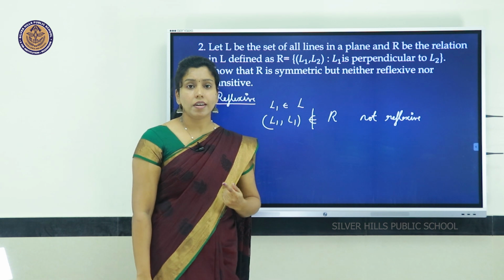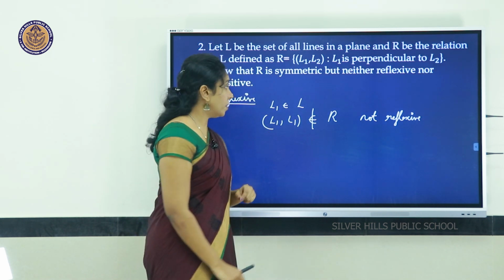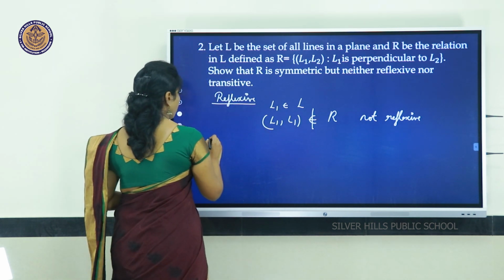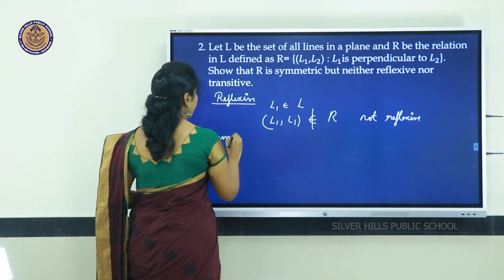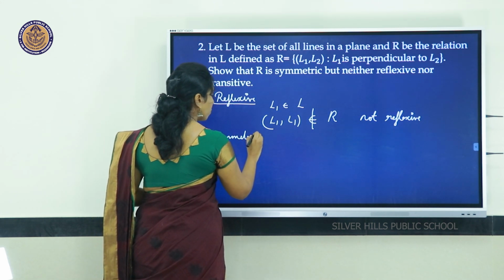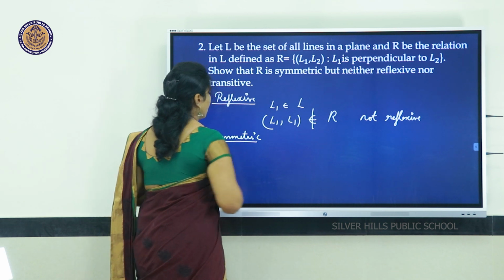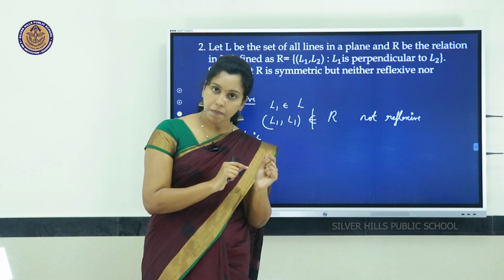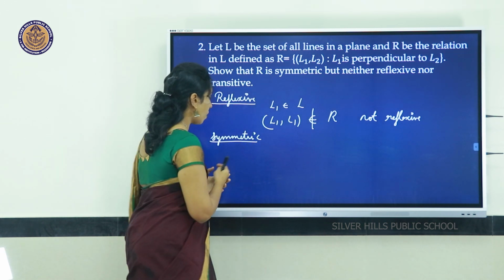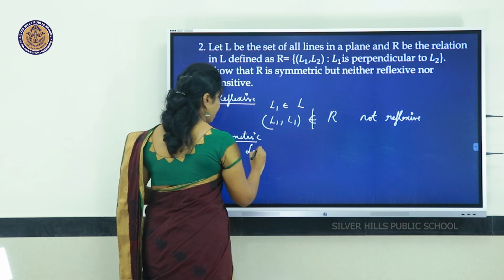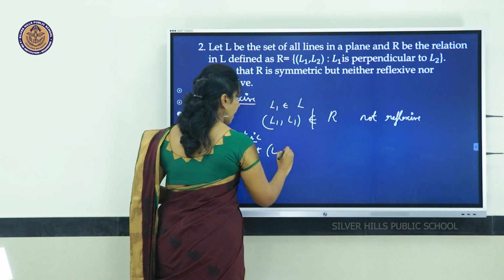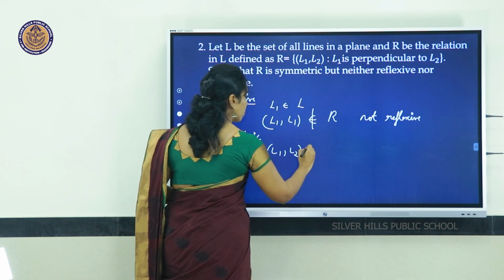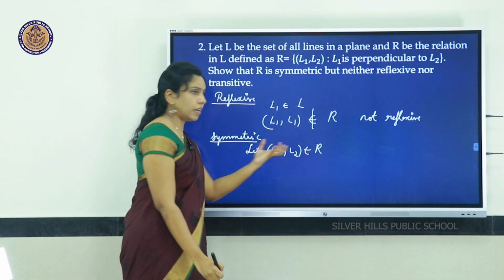Now we'll move to the next property, and what is that? Symmetric. So to prove the symmetric property, we need a pair where the first member and the second member are different. So how to start? Let L1, L2 belong to R. They are related.